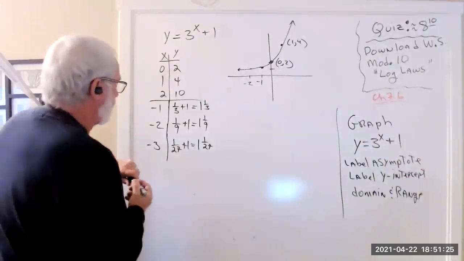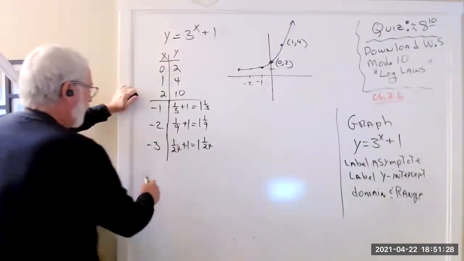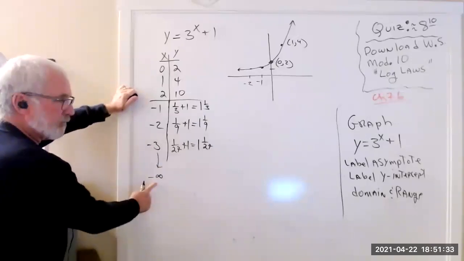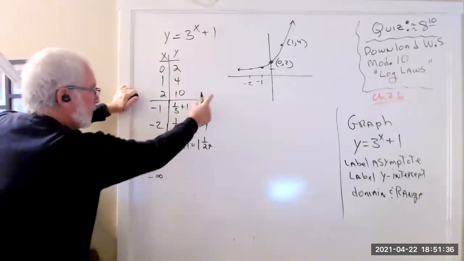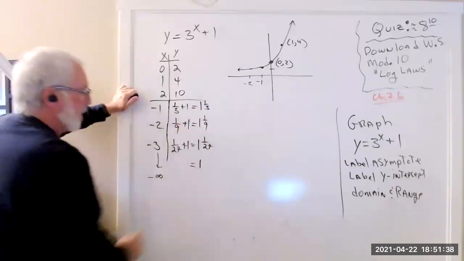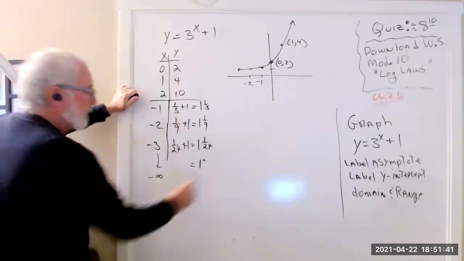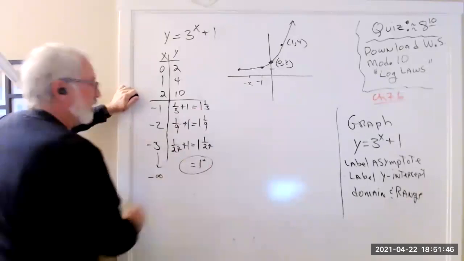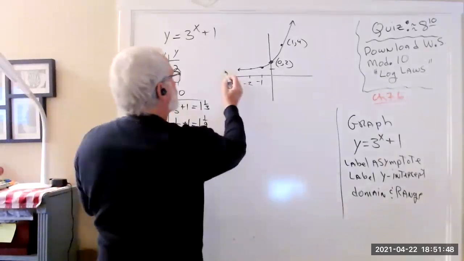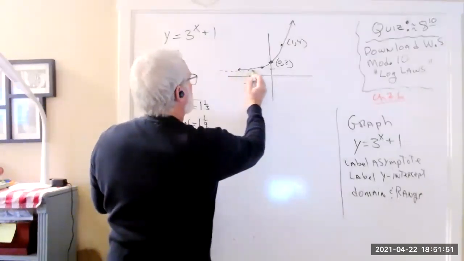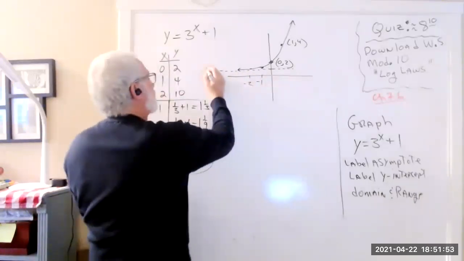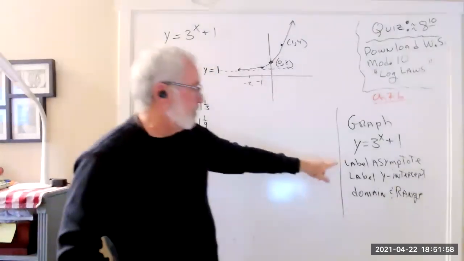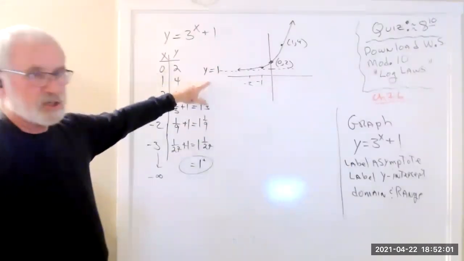Because what I'm hoping you can see is that as x gets more and more negative, toward negative infinity, these numbers are staying near 1, but they're always 1 and a little bit more. So we just say 1 is the asymptote. We sketch it in here as a dotted line, and we label it as y equals 1. That's the asymptote. Label the asymptote means label its equation.